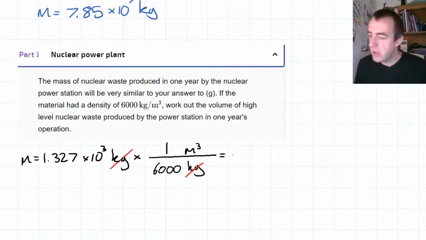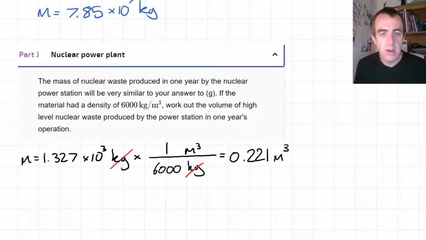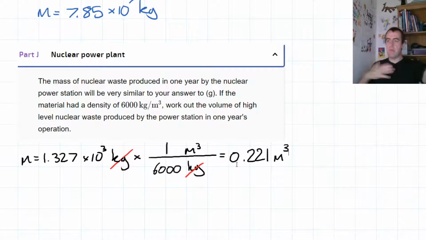So the volume in cubic meters is 0.221 cubic meters. Hopefully that's right. Yeah, 0.221 cubic meters. That's not a lot. If you try to picture that, about a fifth of a cubic meter. So imagine a cubic meter.